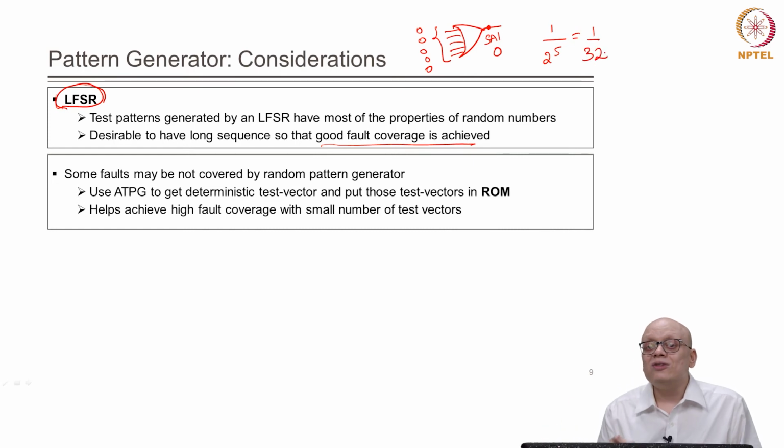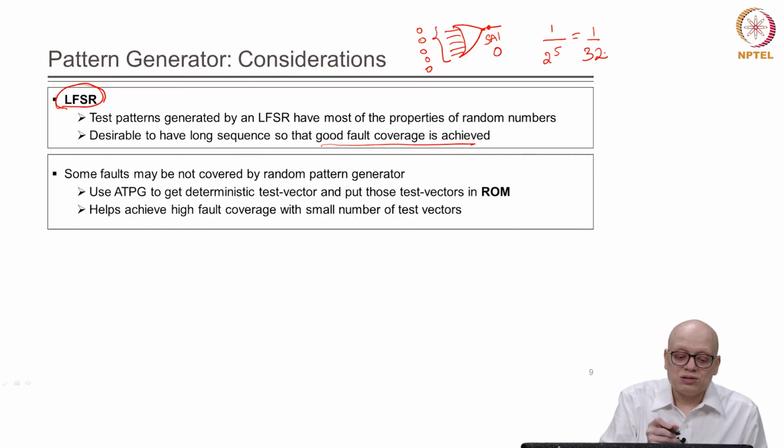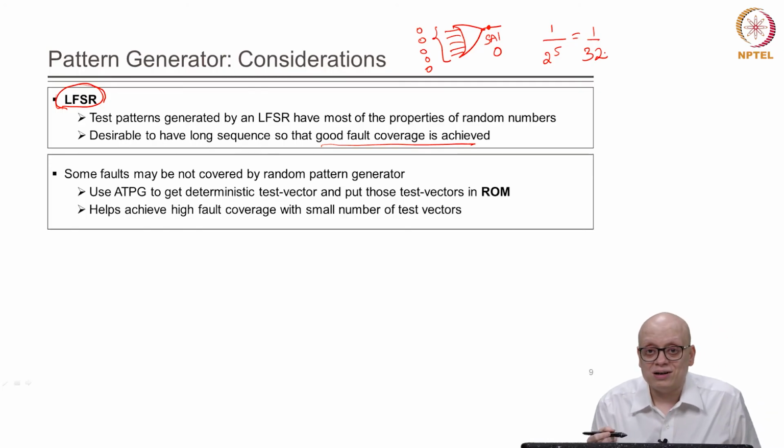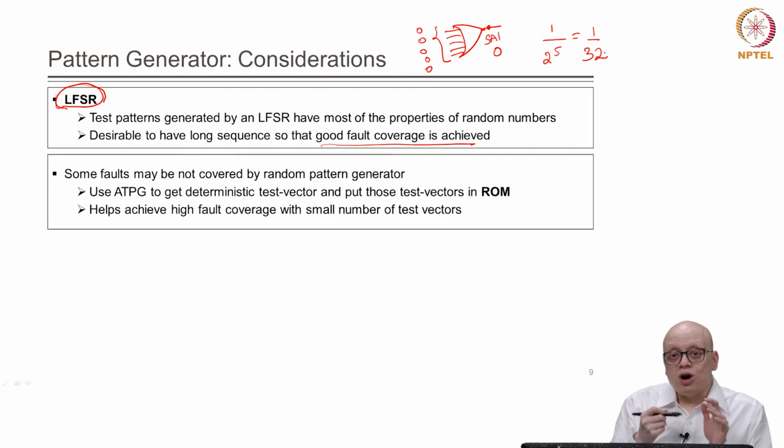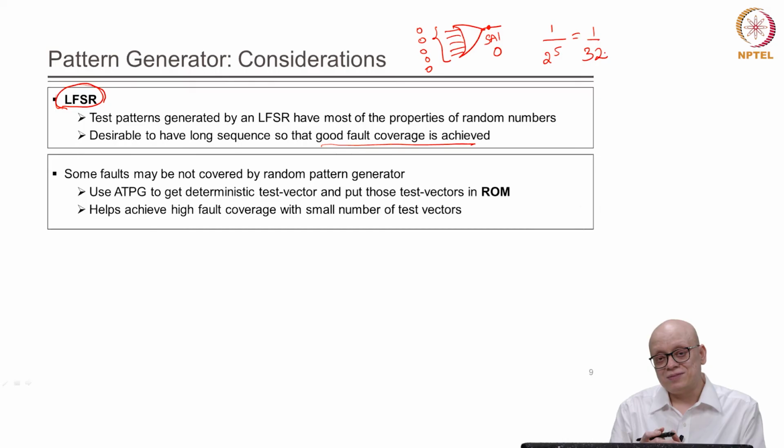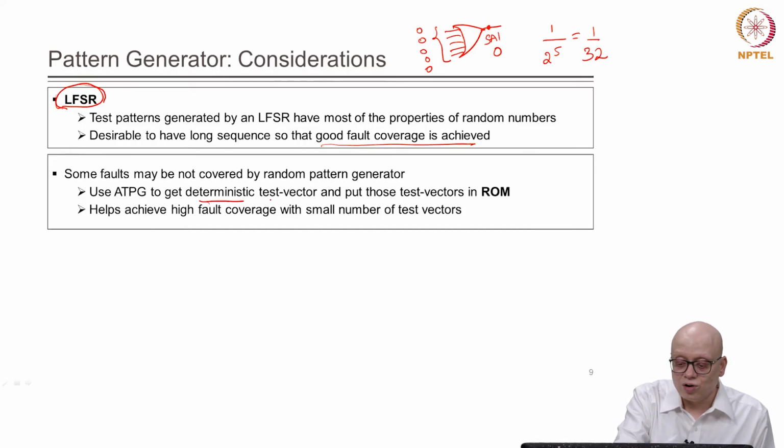So with random test patterns, we may not be able to detect some kinds of faults, or it is very difficult to test some components in some types of circuits, and therefore we can augment the test pattern generator with some deterministic test vectors also.